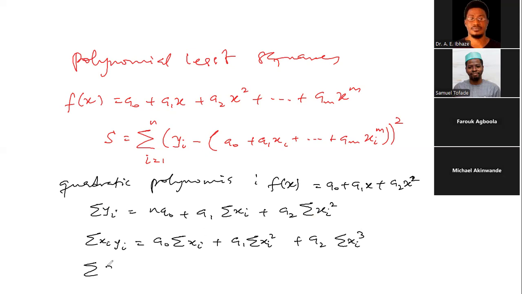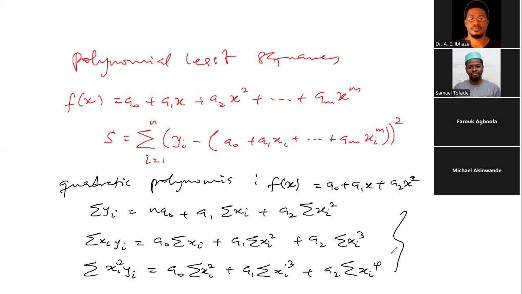Then sigma si squared yi will be the same as a0 sigma si squared plus a1 sigma si cubed plus a2 sigma si to the 4. So once you evaluate all of this relative to the given points, you can probably use either the Gaussian elimination method or the matrix method, because this is going to lead to a system of equations.